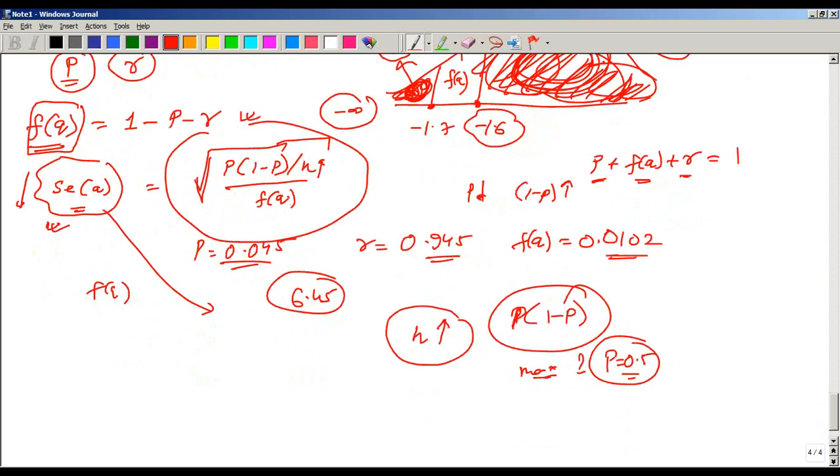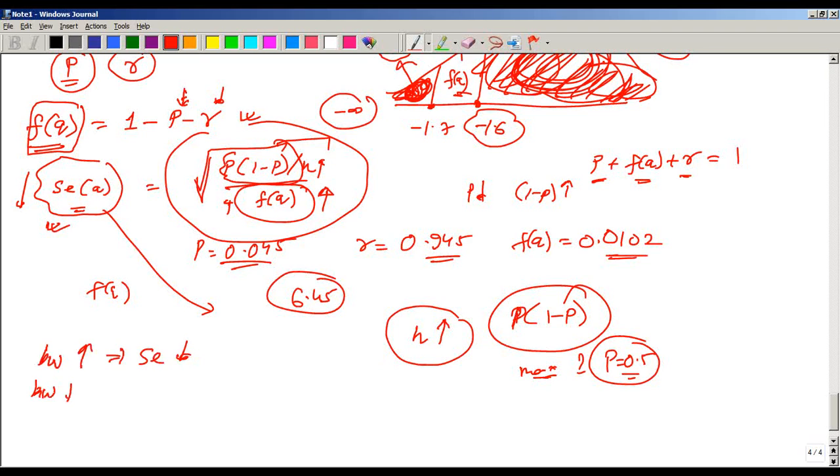However, because this is reducing and this is increasing, FQ is also increasing. Remember this FQ will increase, it will become wider, and as a result the standard error becomes lower. So if bin width is increased, your standard error reduces.